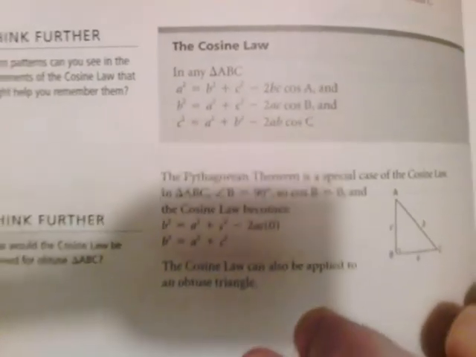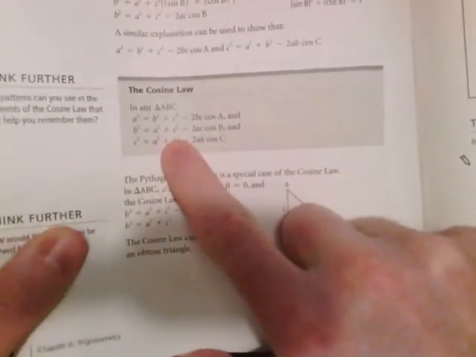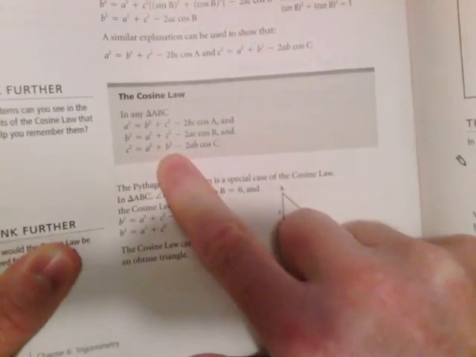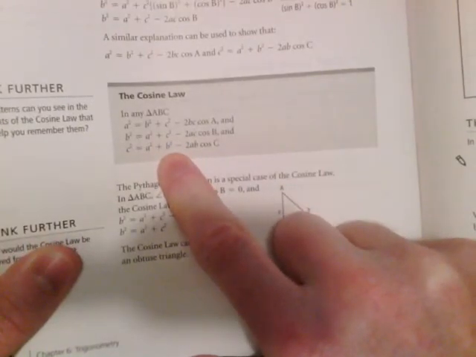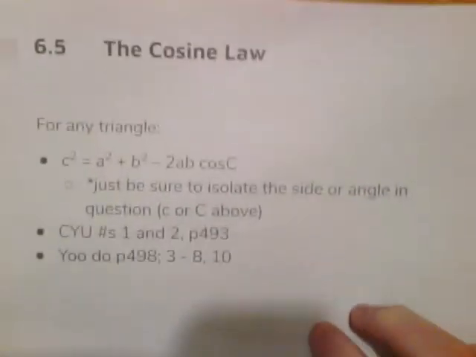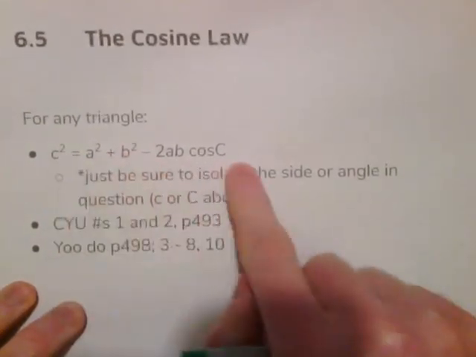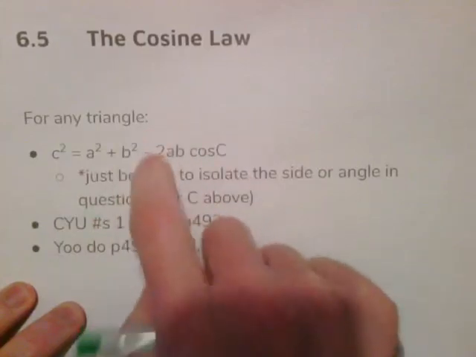The letters are just switched around. This is to help you, as if all triangles you're given would have A, B, C, but that's not going to be the case. So anyways, this is kind of all you need. All right, so let's do some examples.